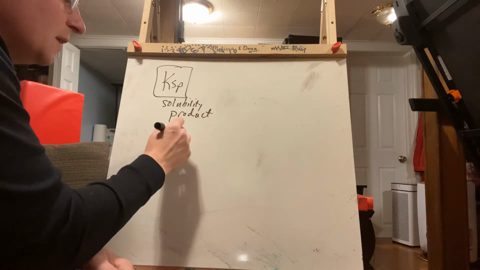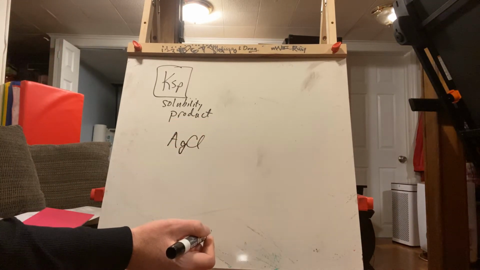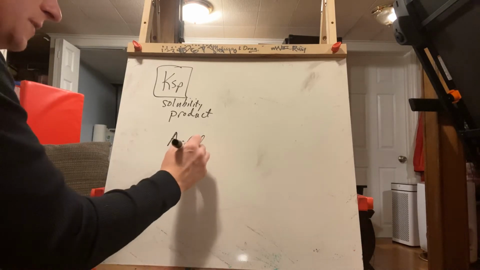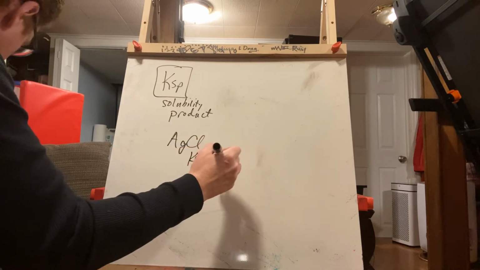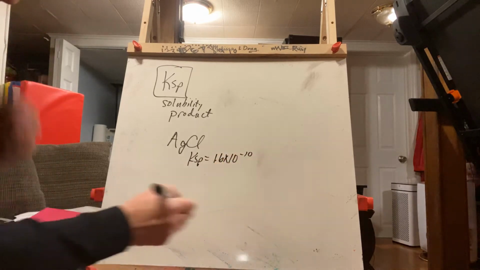And so if I said AgCl has a KSP of 1.6 times 10 to the negative 10th.